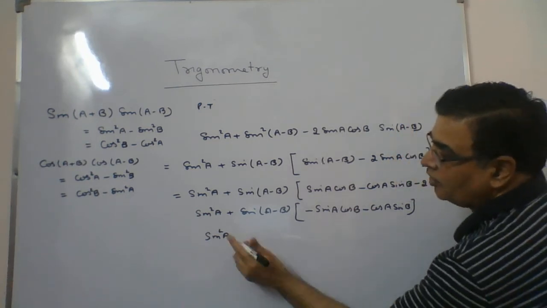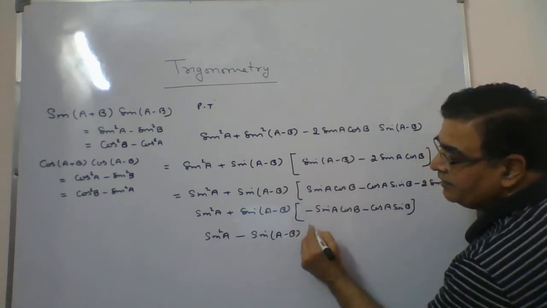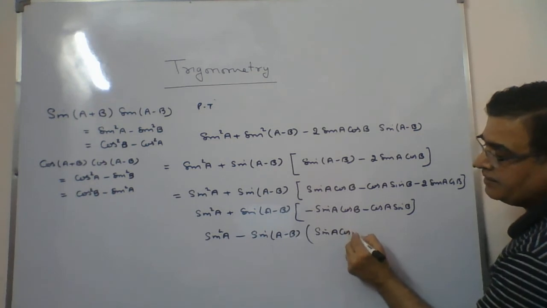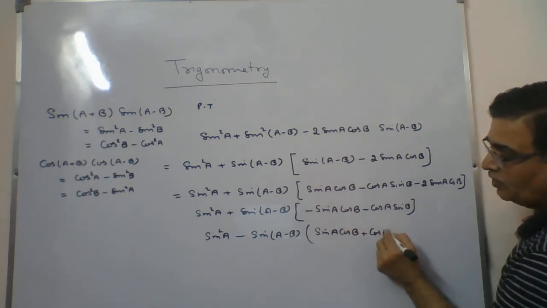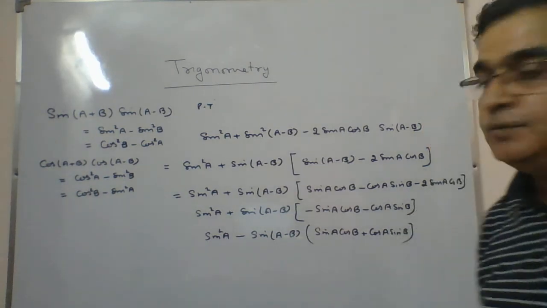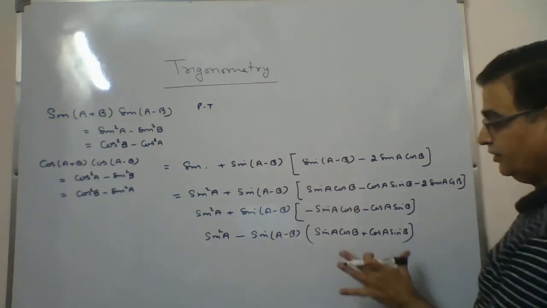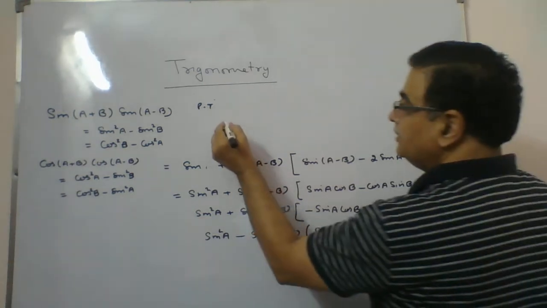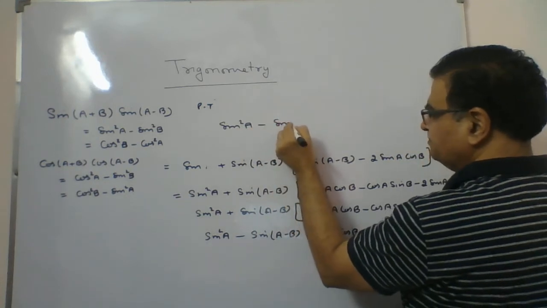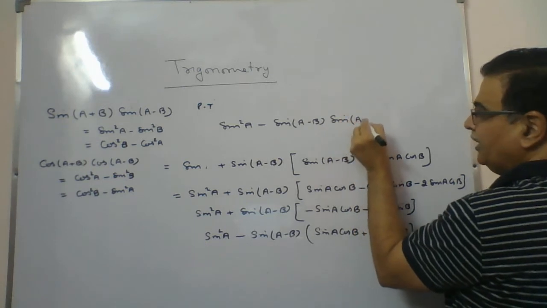When you take minus common, here it is minus sin(a-b), and here it comes out to be sin a cos b plus cos a sin b. This is the formula we have now. And then further when you solve it, this is the sin(a+b) formula. So it comes out to be sin²a minus sin(a-b) into sin(a+b).